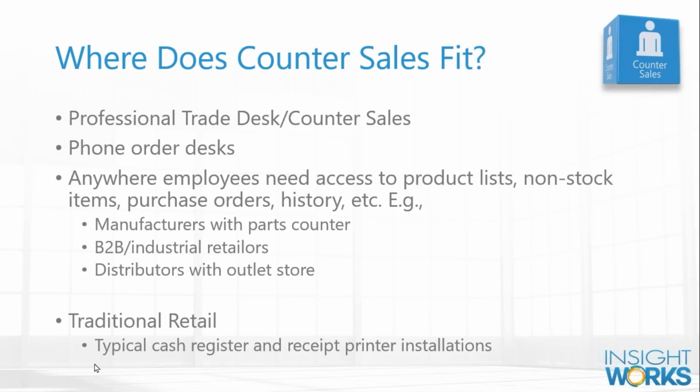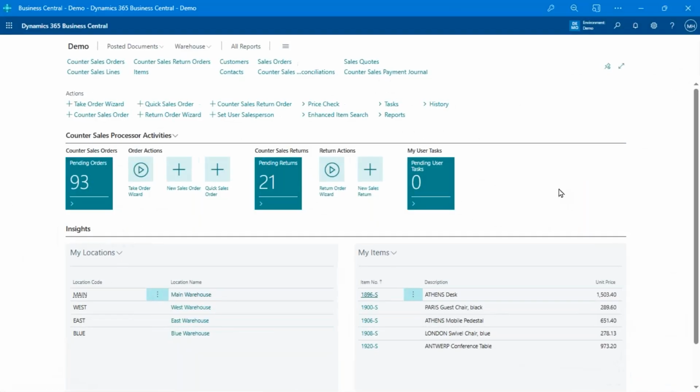All right. Now with that, we're going to jump in and dive right into the demo. So what we see here is the role center for the standard counter sales order processor role center. There's also one for a manager that would have things like daily close procedures and all of those sorts of things. But this is typically, again, you can tailor it to whatever you want it to be.